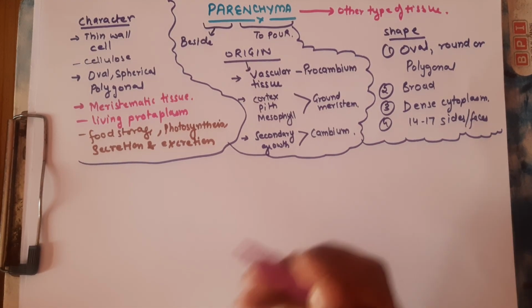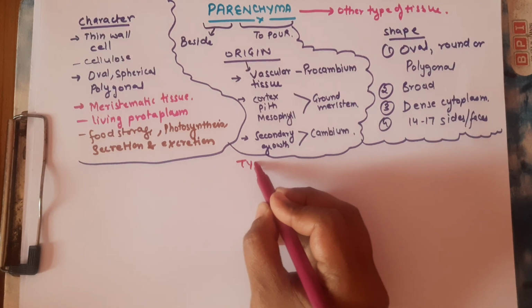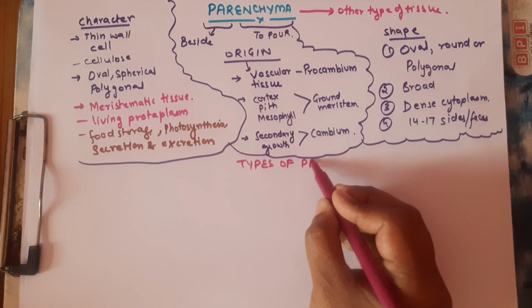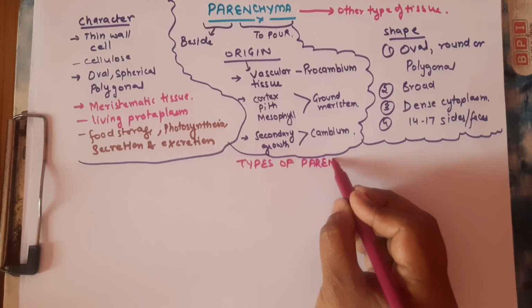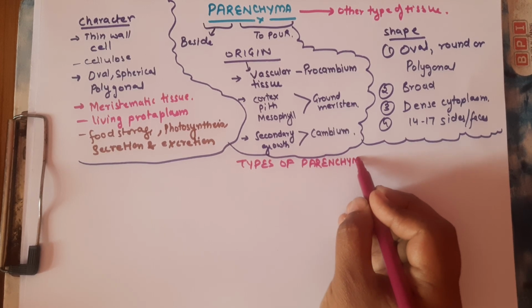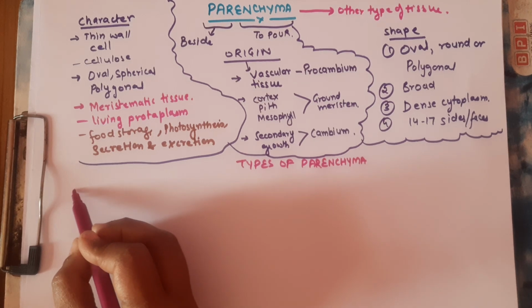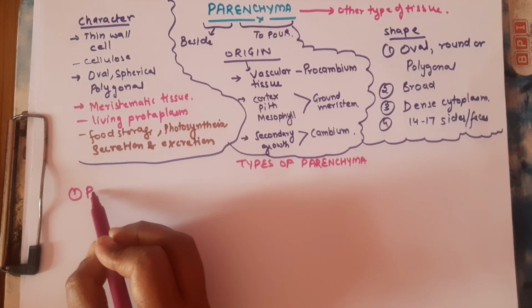Now let's talk about the types of parenchyma. Basically there are 5 kinds of parenchyma. The first one is the prosenchyma.